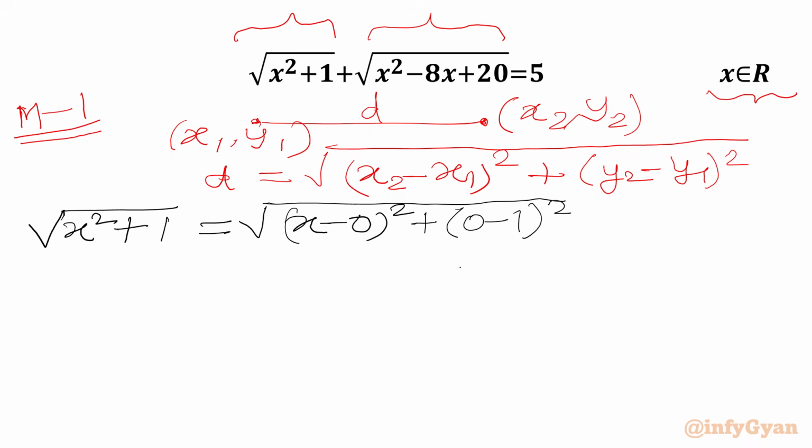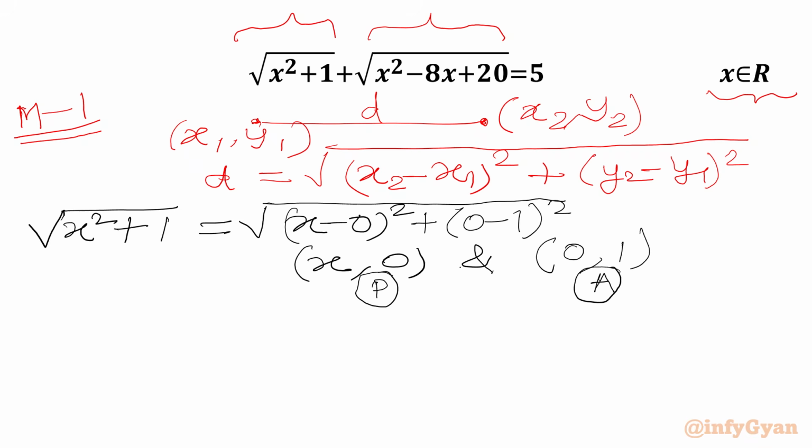Now if we compare with our formula, it is nothing but the distance between points x comma 0 and 0 comma 1. So we'll assume x comma 0 is P and 0 comma 1 is A. So we have 2 points.